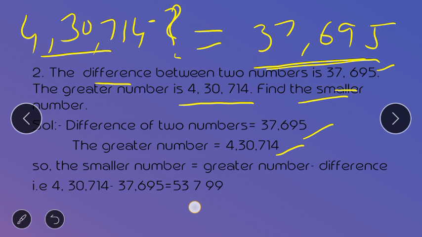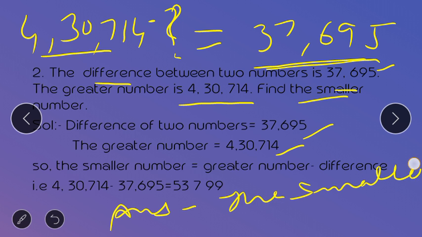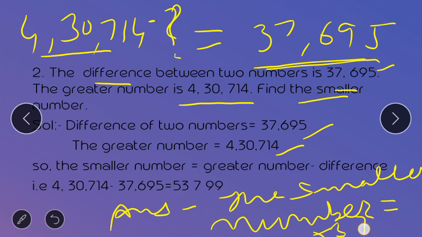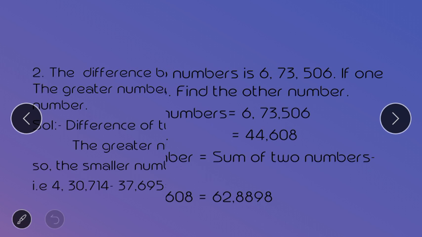That is your smaller number. So you can write the answer. The smaller number equals 53,799. Clear?